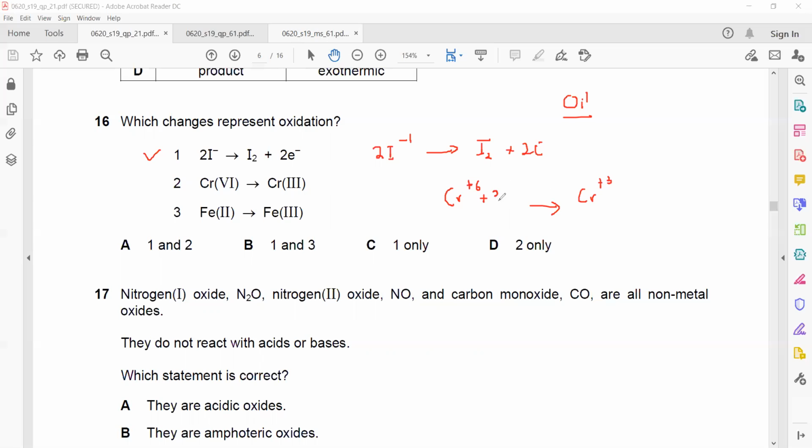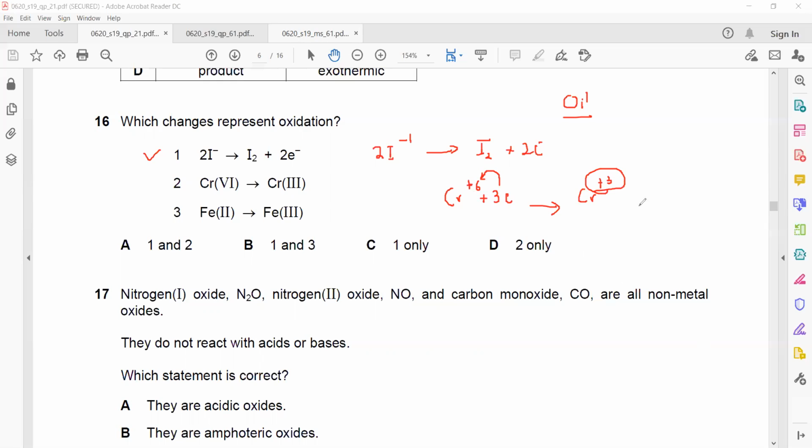By taking 3 electrons, because +6 means it has 6 more protons than electrons, and +3 means it has 3 extra protons compared to electrons. So +6 will change into +3 by gaining 3 electrons, so that the charge on the chromium will decrease.